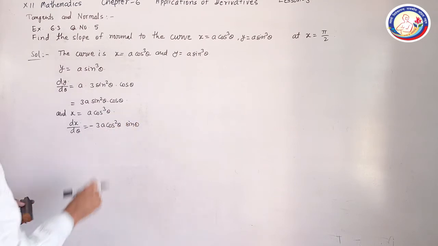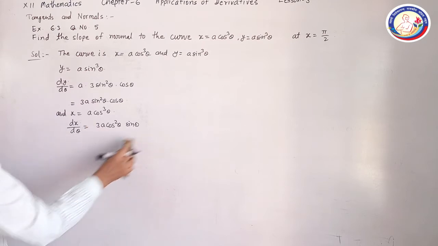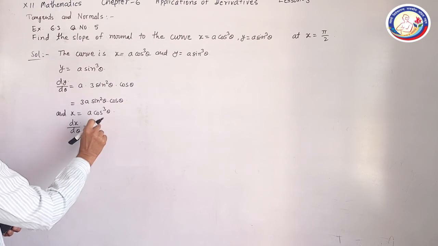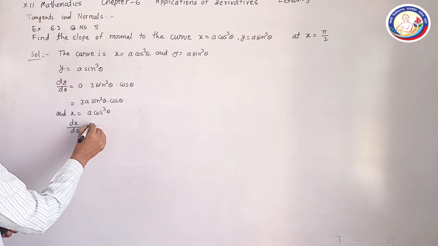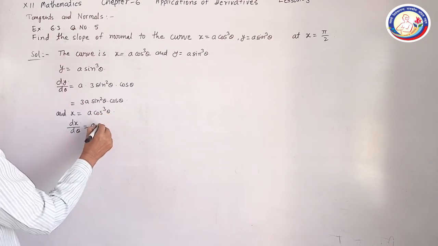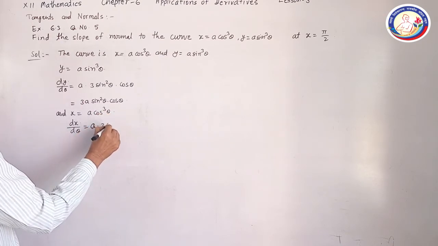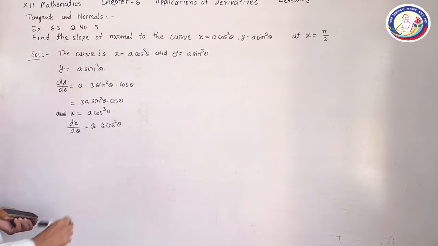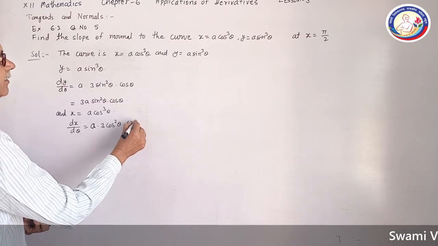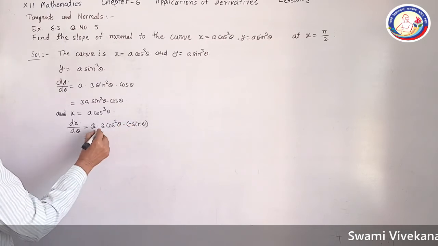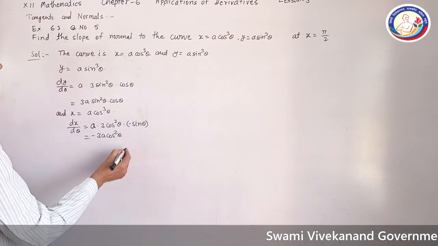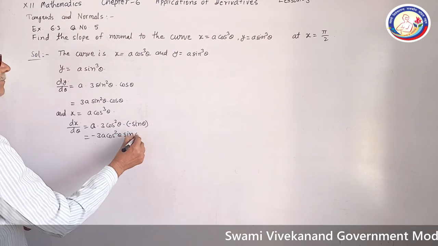Because the derivative of cos theta is minus sin theta, or we can write it in 2 steps. A is constant, the derivative of cos cube theta with respect to cos theta will be 3 into cos square theta, and then the derivative of cos theta with respect to theta, that is minus sin theta, and it will be minus 3a cos square theta and sin theta.